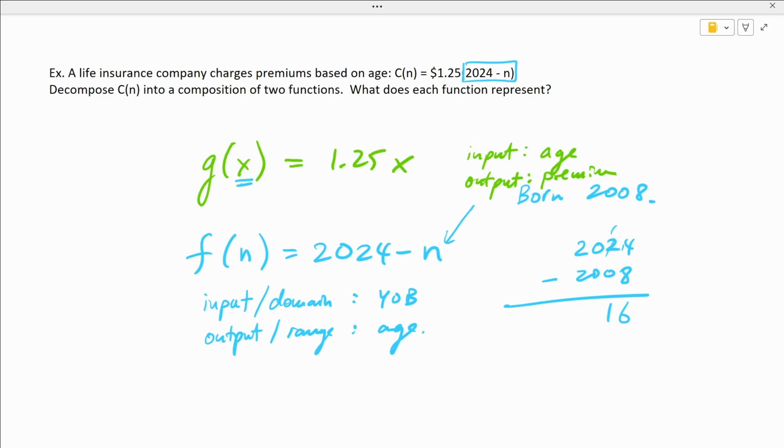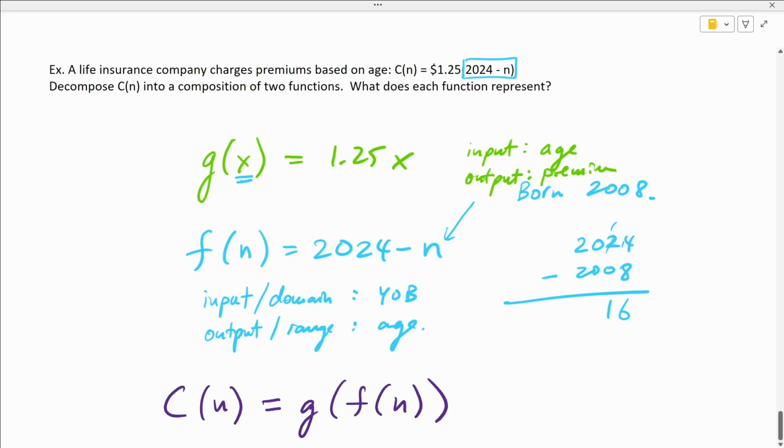Okay, so then my composition, I guess I would say C of n is, which one comes first? Well, first we calculate the age, and then that's the input to g. So g of f of n. There we are. And we now have enough to do exercise 2H.